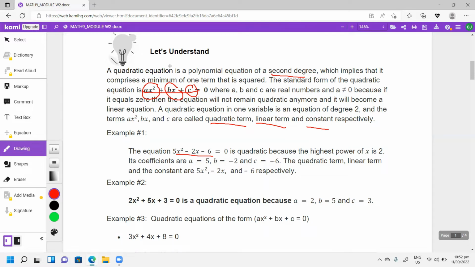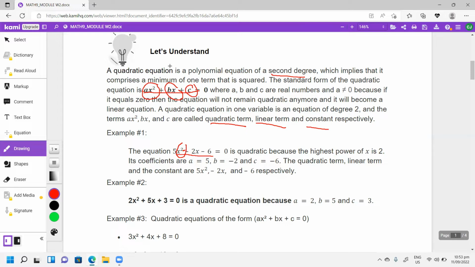Again, the main clue that an equation is a quadratic equation is if it has a second degree. As you can see here, we have the exponent of 2. Since the highest exponent, or the highest power of this equation, is 2, then we can say that this equation is a quadratic equation.